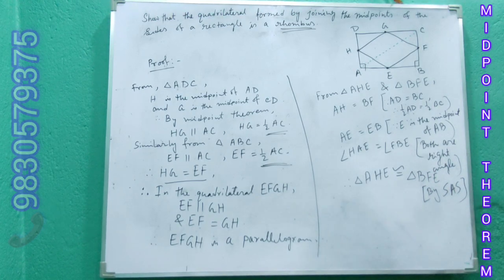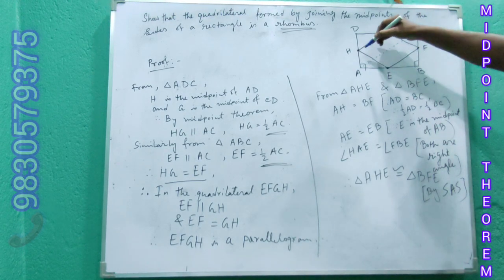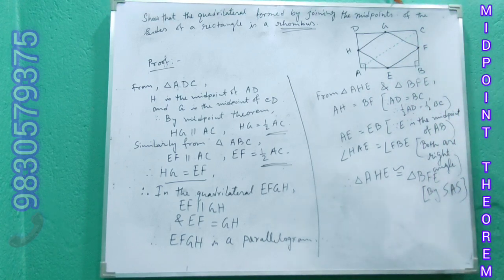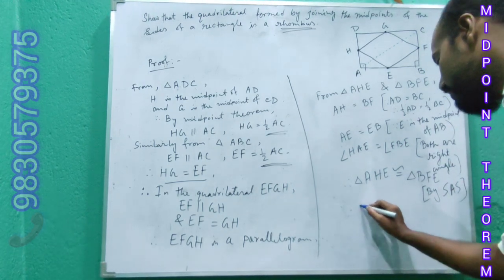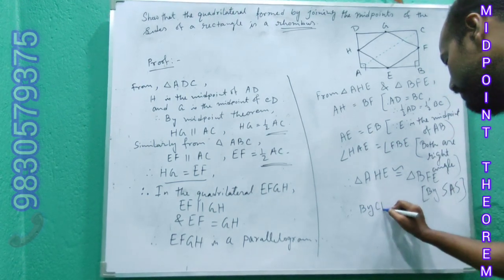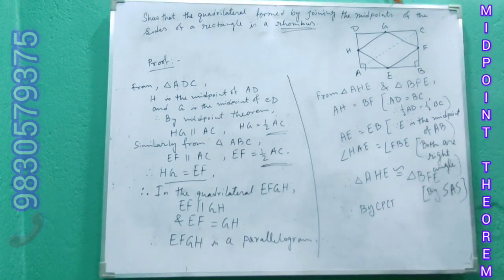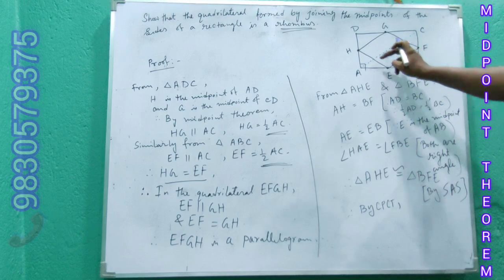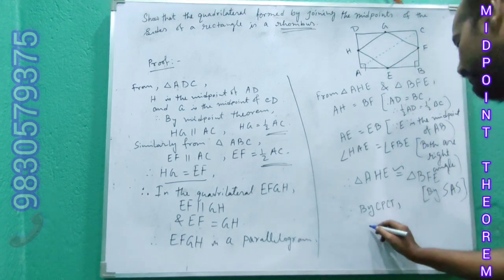Now we can say that this side equal to this side by CPCT, corresponding parts of congruent triangles. EH equal to EF.